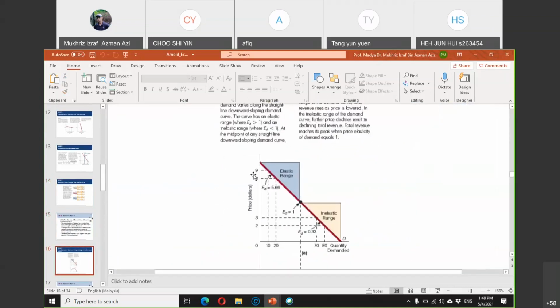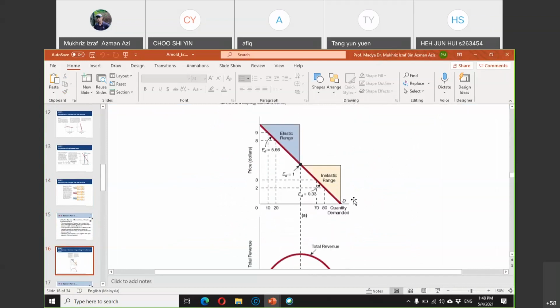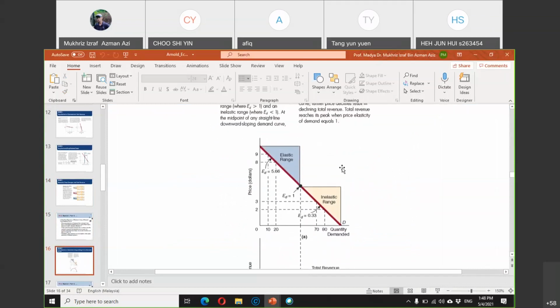Sorry, elasticity of demand. And when you want to visualize elasticity of demand under one graph, of course, this can be done also. In the demand curve, the top portion on the left is where the demand is more elastic. Of course, you will ask, how come this can be different? Because it is a linear graph.